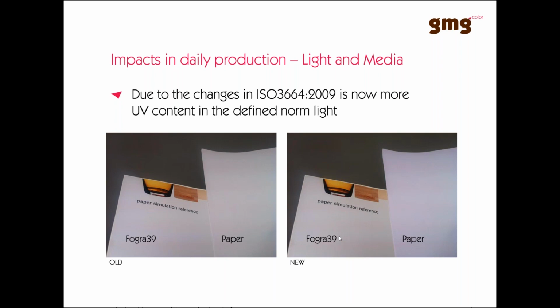Why do I have, maybe even if I use the same paper as I did before, these changes in my result? The answer here is then simply check your light bulbs. On every light bulb used in a light cabinet, you can read if it's produced according to the latest ISO standard or not.